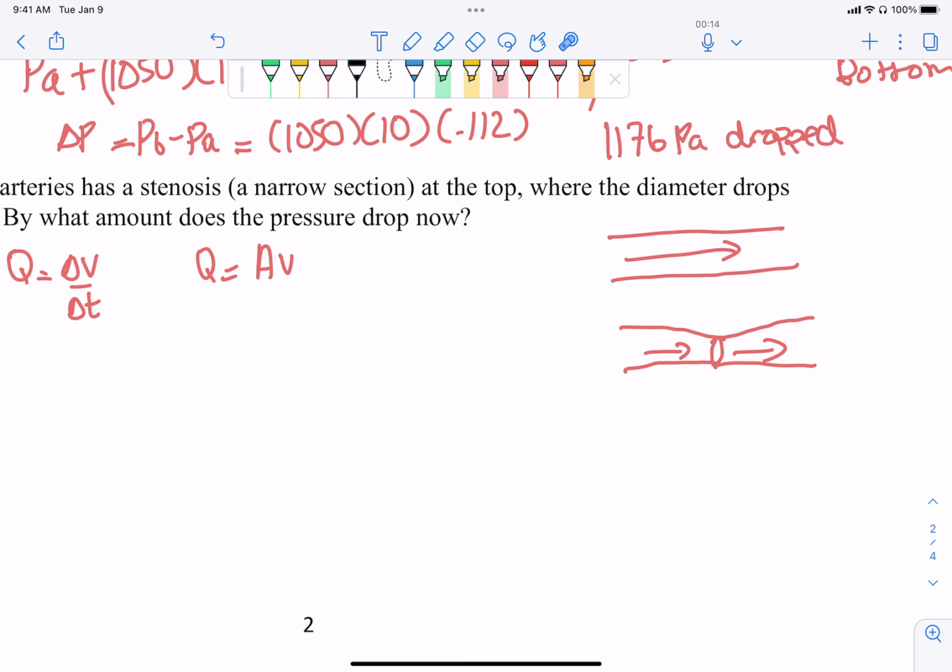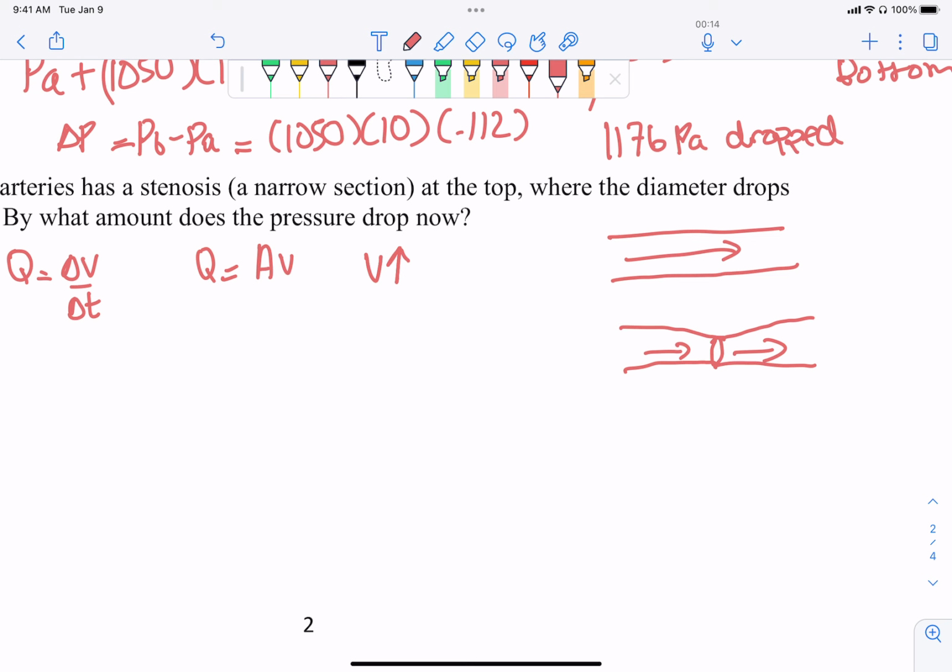All of my cells need this specific amount of blood, so I have to keep the flow the same, for example. But if the area decreased, I have to work harder to push that same amount of blood. So if this has to stay the same while this decreases, then my velocity or my speed has to increase.